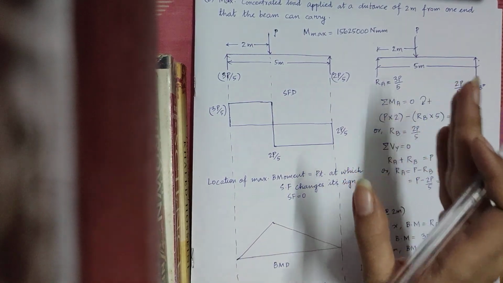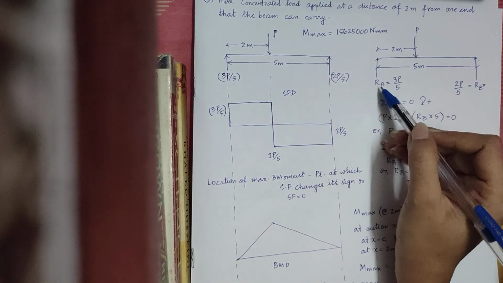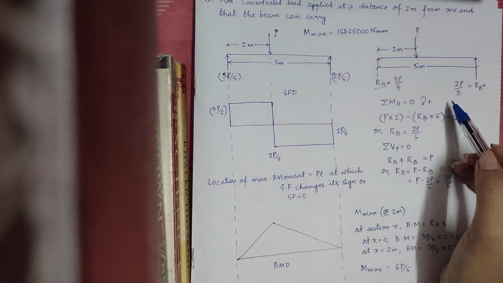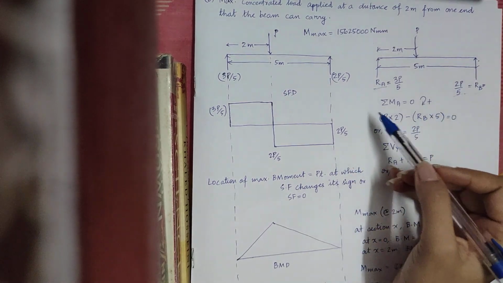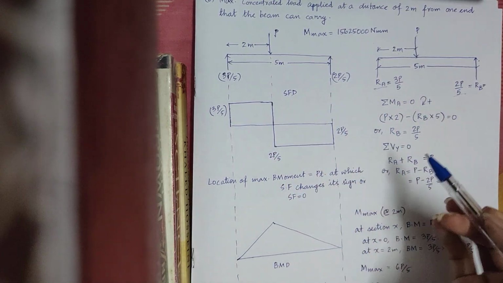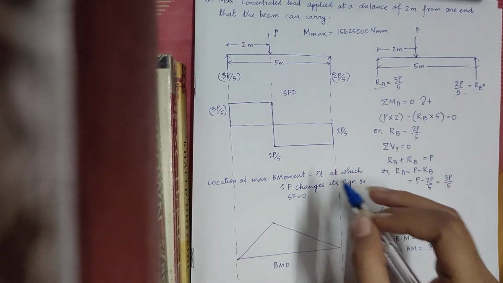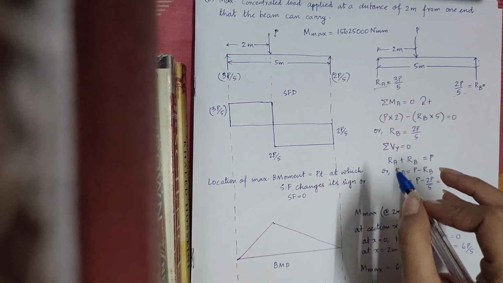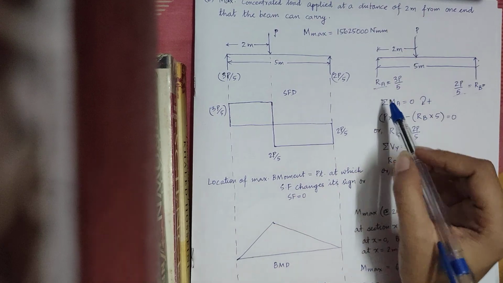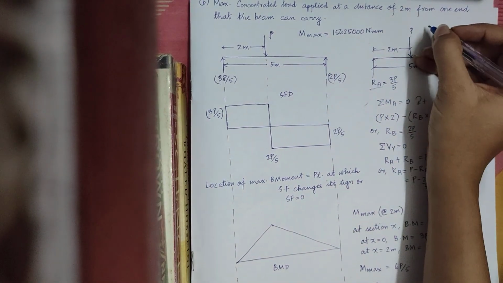To find that, we first find the support reactions. Then we will draw the shear force diagram, and from it find the location at which the maximum bending moment occurs.